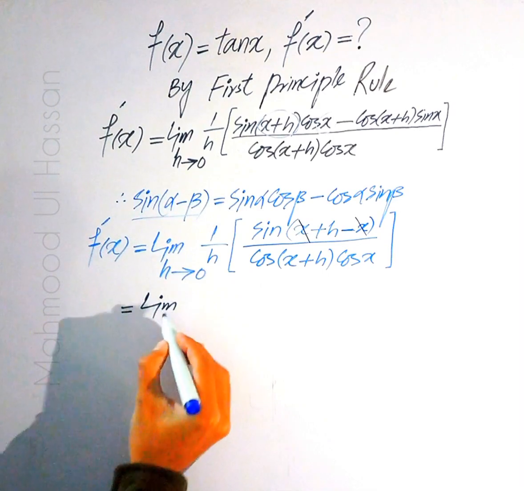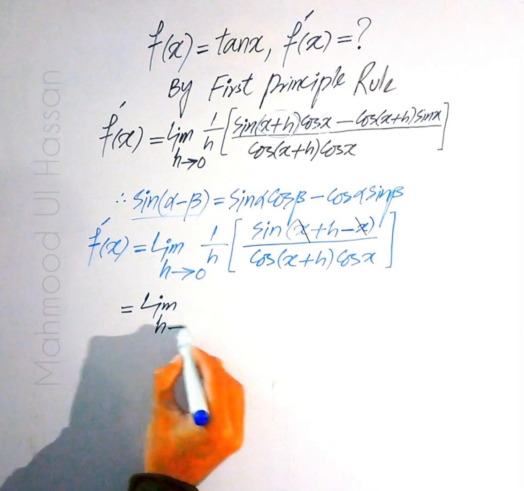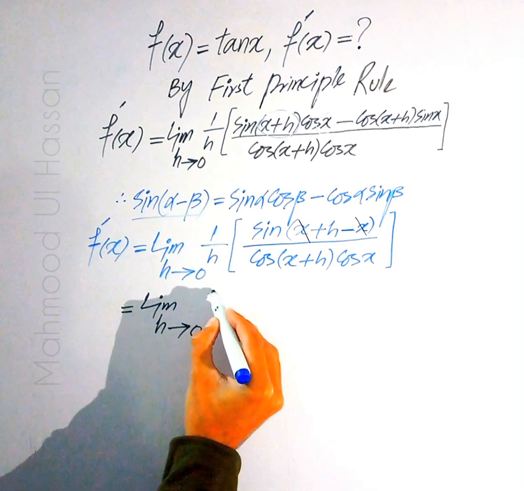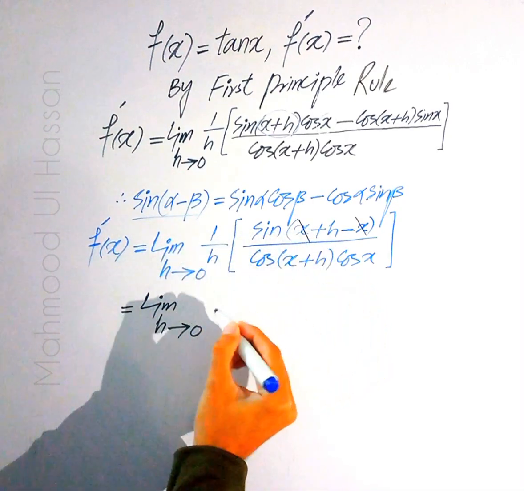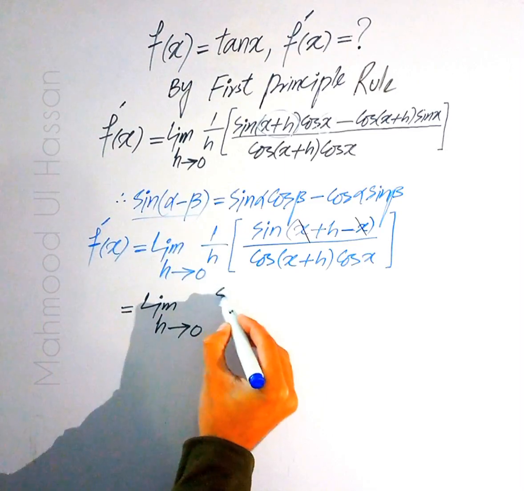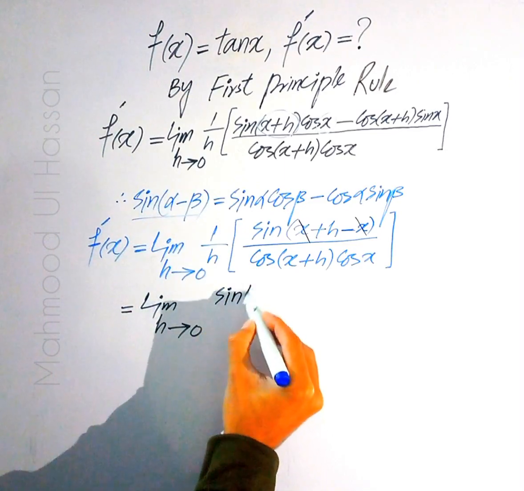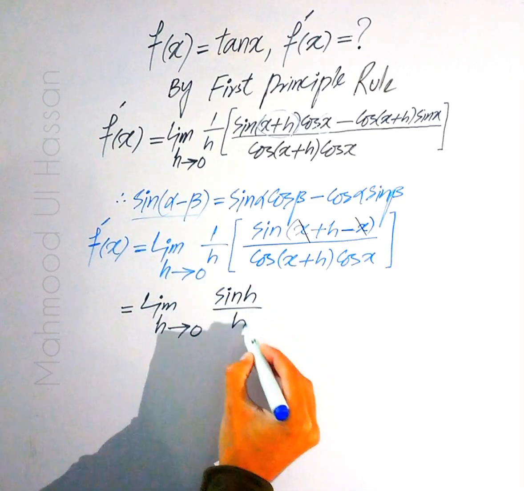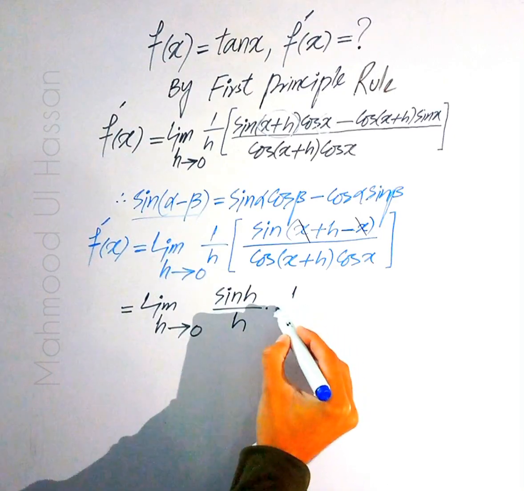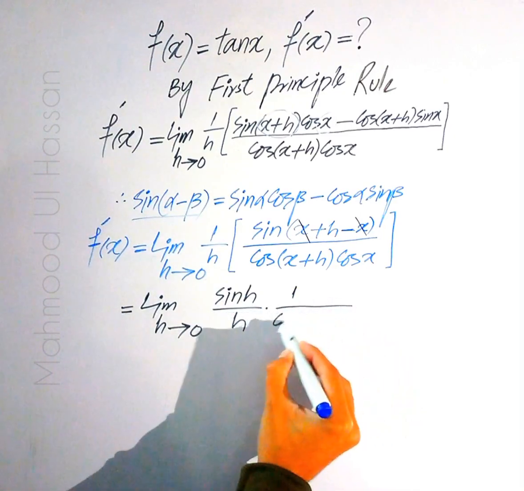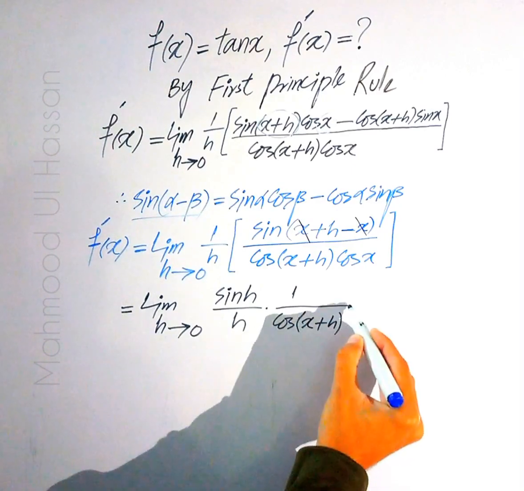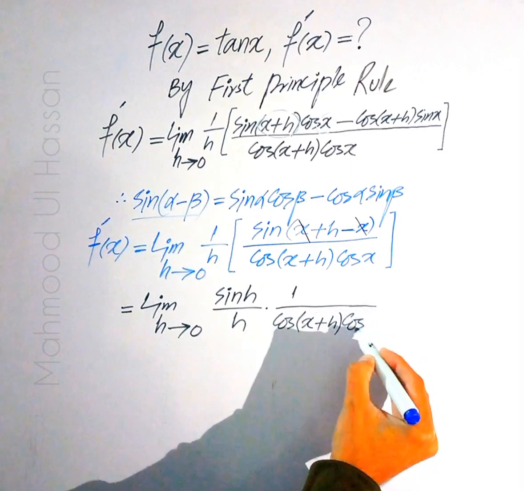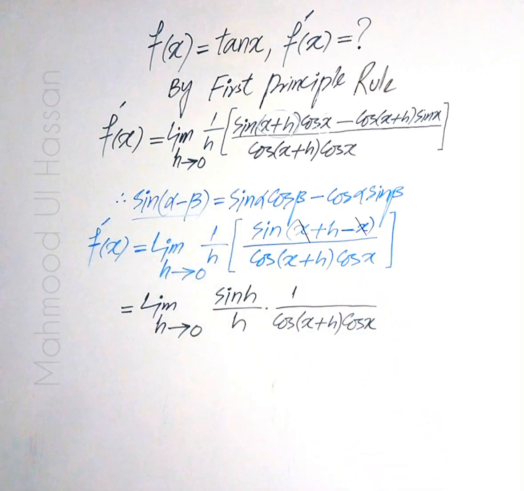So after simplification we get the limit as h approaches 0 of sine h, and it can be written as sine h divided by h multiplied by 1 upon cos of x plus h times cos x. Is it clear?